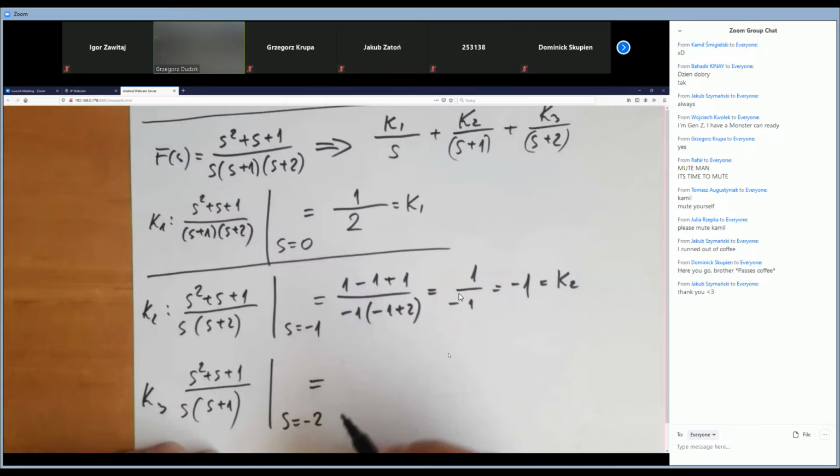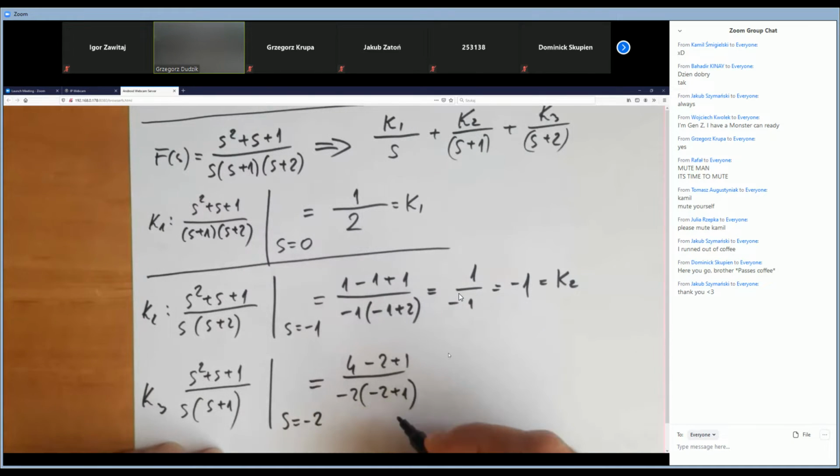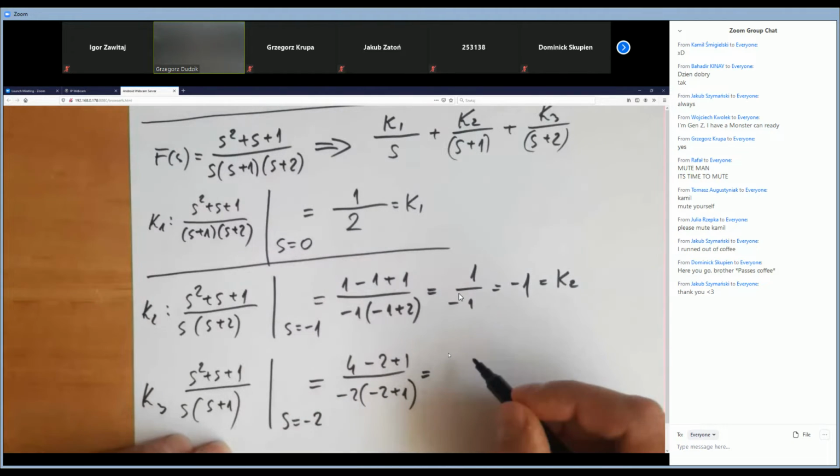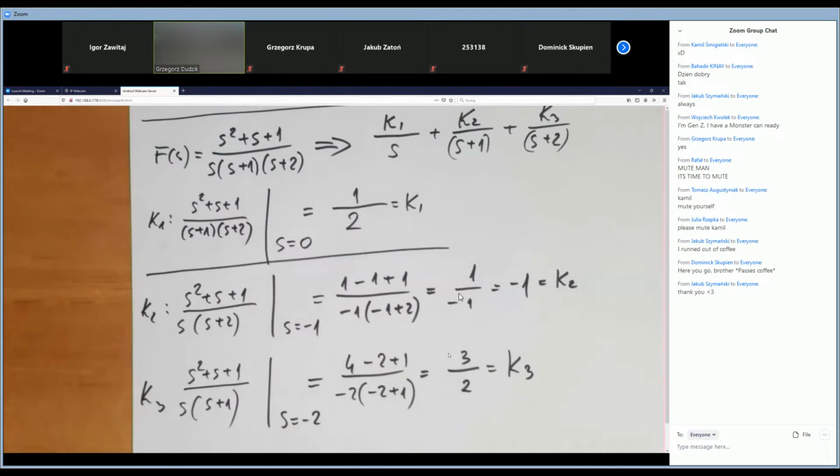And when we substitute s equals minus 2, we will have how many? 4 minus 2 plus 1 over minus 2 times minus 2 plus 1. So this is equal how many? This is 3 over 2. And this is K3. Okay, we got it.